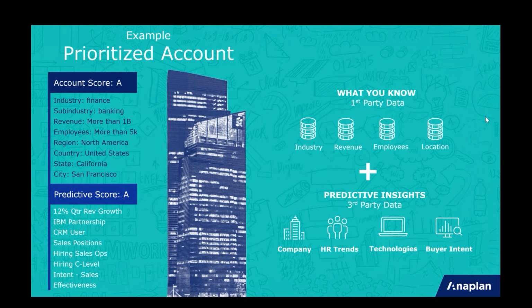And these are the predictive insights that come through that PI application that enable you to really go a step beyond where you were previously. So even in a situation where you previously ranked it as an A and you still rank it as an A through PI, you now have a much better basis for understanding why that account ranks as an A than you did before.